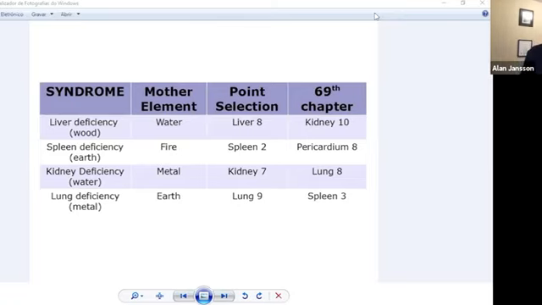So if we apply again the 5-element principle and look at the mother element of metal, which is earth, when we want to tonify the lung meridian, lung organ, then we would look at utilizing the earth point on the lung meridian, lung 9, the yuan source point.